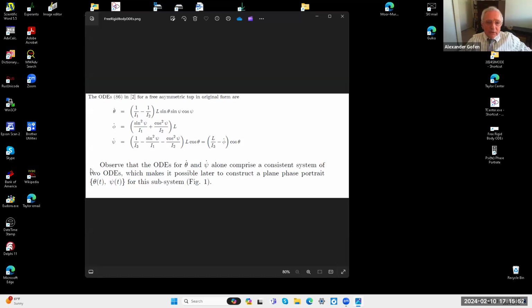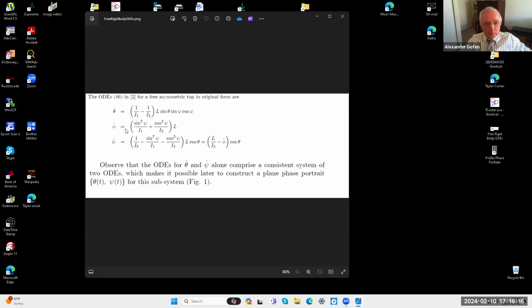The first remarkable feature of this system is that two of these equations are independent of the third one, standalone equations. These are eta and psi. These equations, therefore, may be solved separately, and, which is the most important, because it's just two variables, we can construct the phase portrait for them.